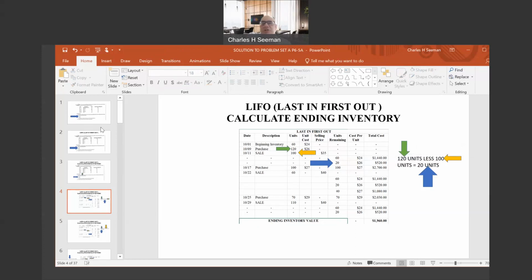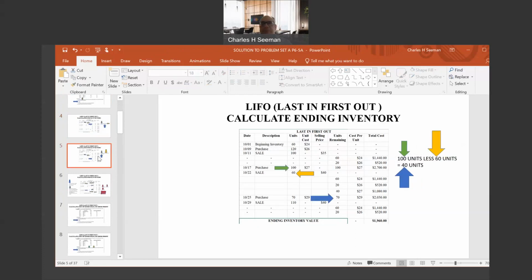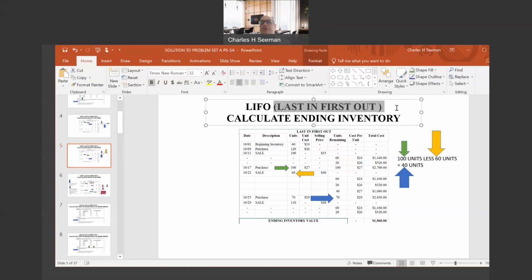We then purchased 100 units at $27 a piece. Then we sold 60 units. Last in, first out. The last units in are the first units out. So all of those 60 units come out of this 10/17 purchase. 100 units less 60 leaves 40 units left of the 10/17 layer.